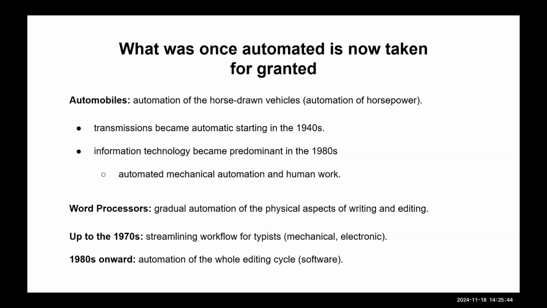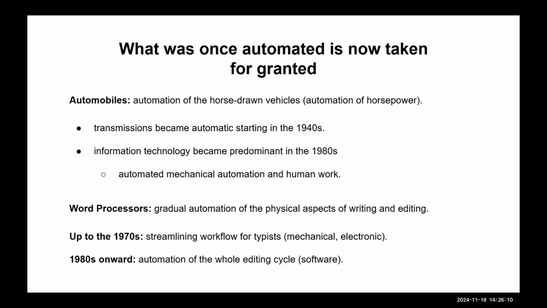And so people started to build these things with engines. You would have this automation of horsepower, so you could produce the same power a horse could produce, but with an engine. But of course, then you had to figure out how to more efficiently transfer energy to the wheels, and you had to have things that allowed people to operate the vehicles more efficiently, and so forth.